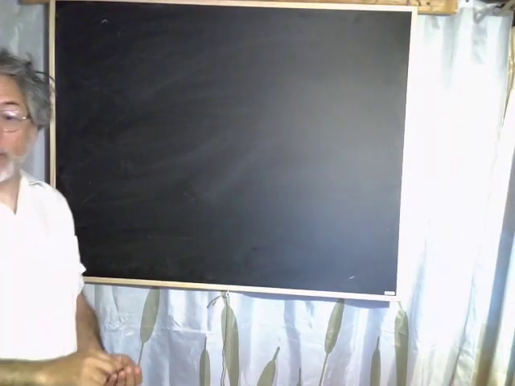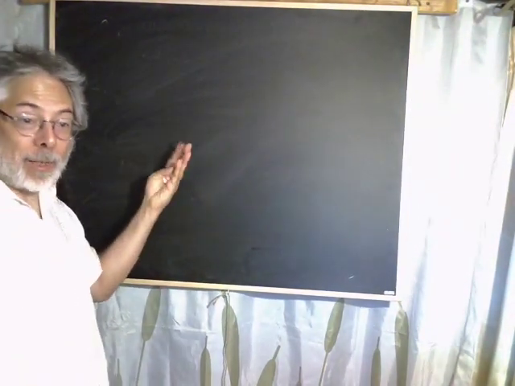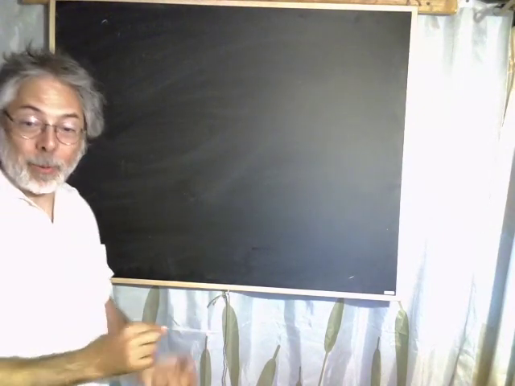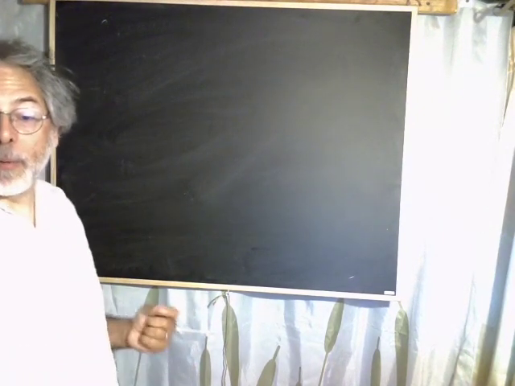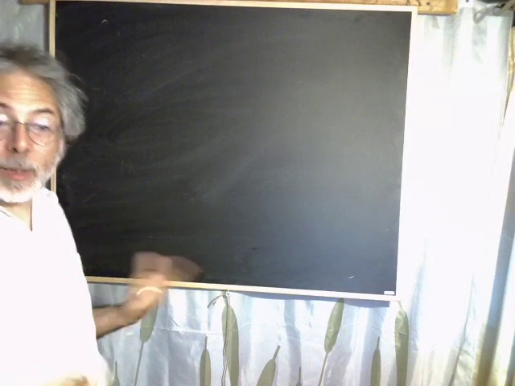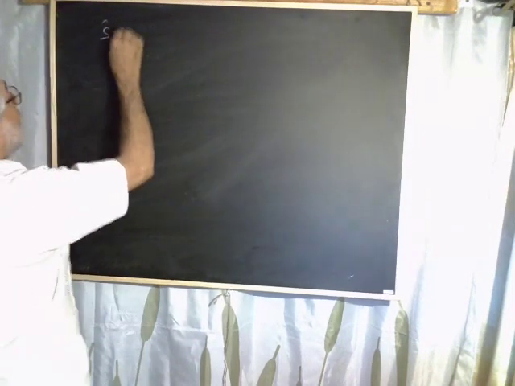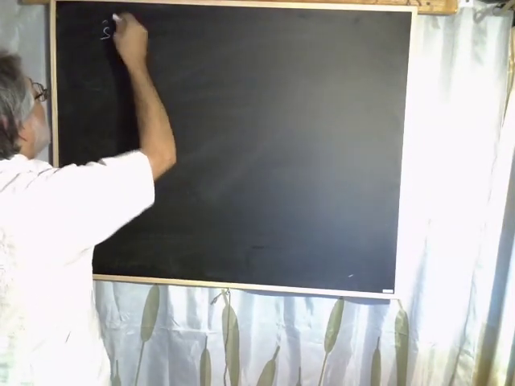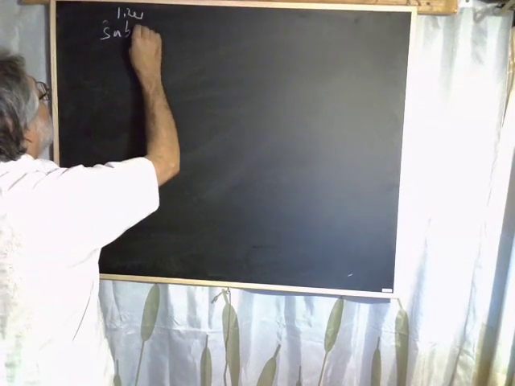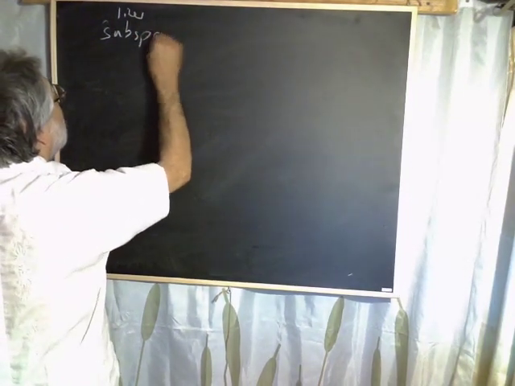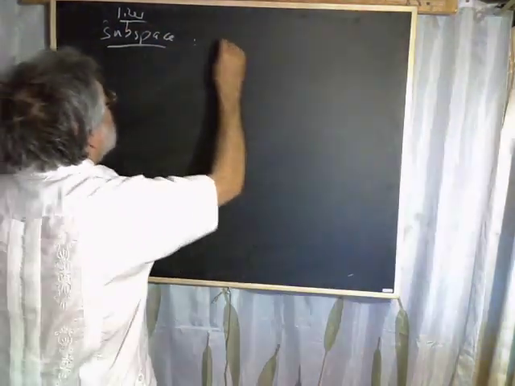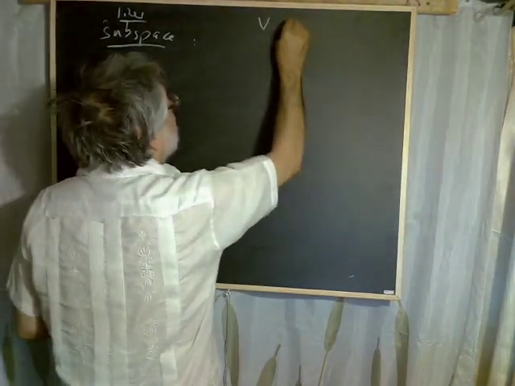If you have a vector space, and that's why this example that we had, this big one, the prototype, is important, you can have a subvector space, or a linear subspace. This is V, a vector space.